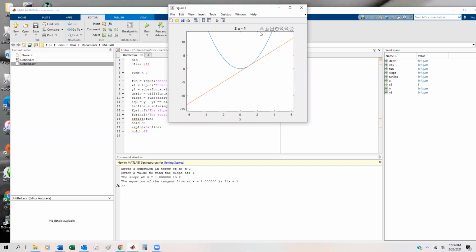And of course, if you're an educator or something like that, you could use this to show somebody what happens at the tangent line.